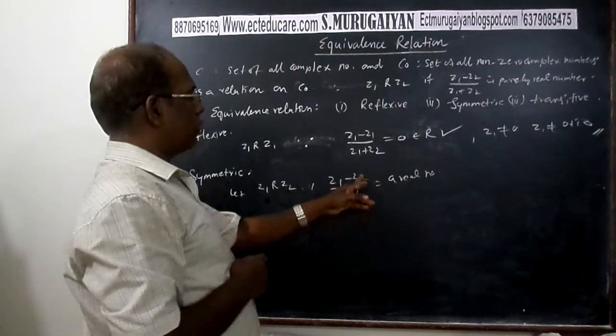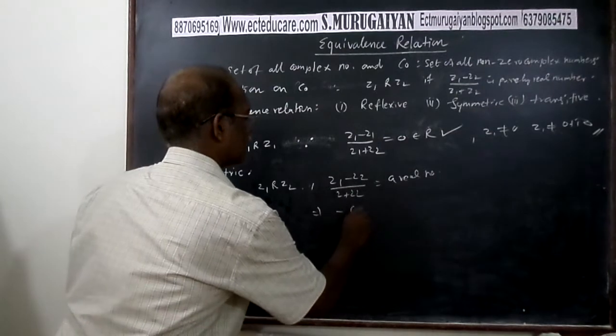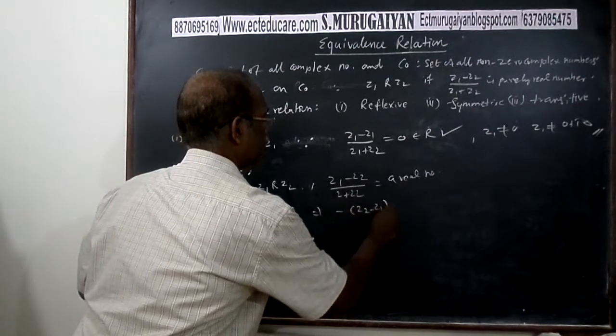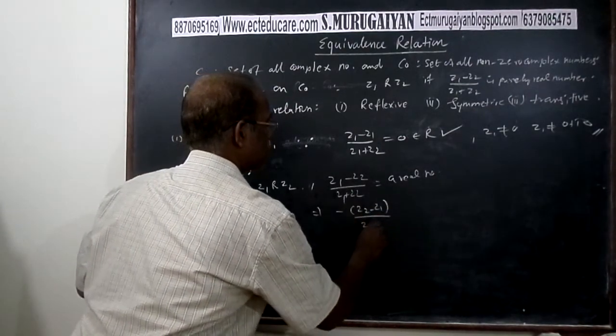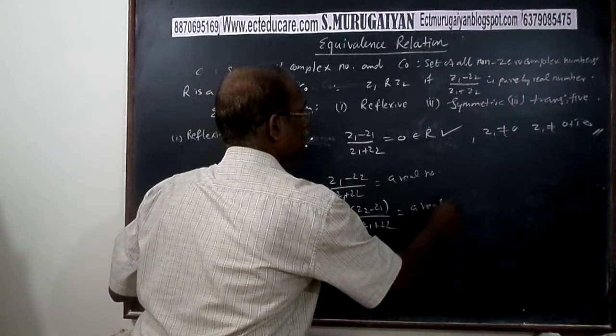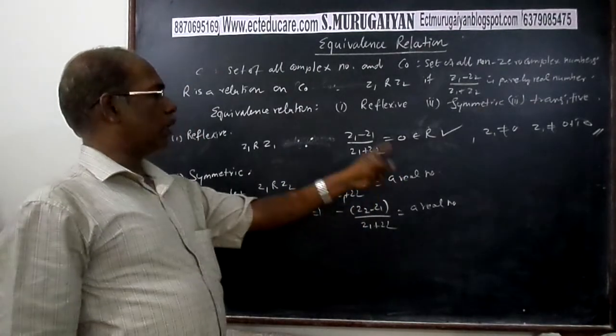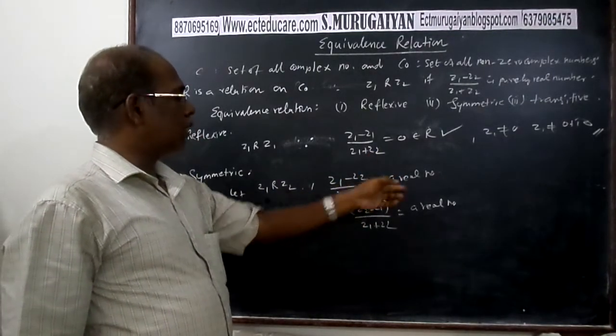Just interchanging the numerator, minus of (Z2 minus Z1) by (Z1 plus Z2) is also a real number. If it is a positive real number, this is going to be a negative real number, or if the given one is negative, this will be positive.